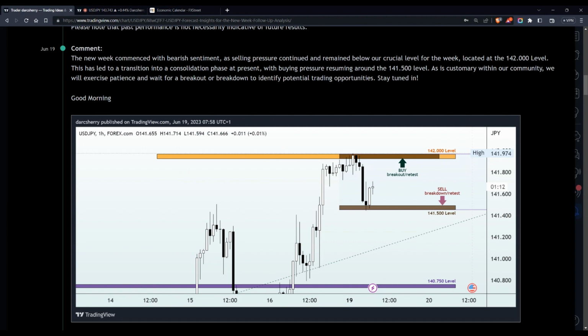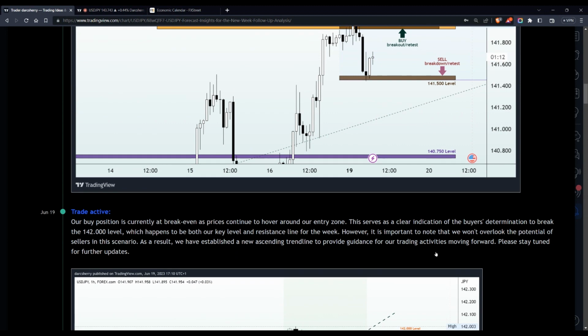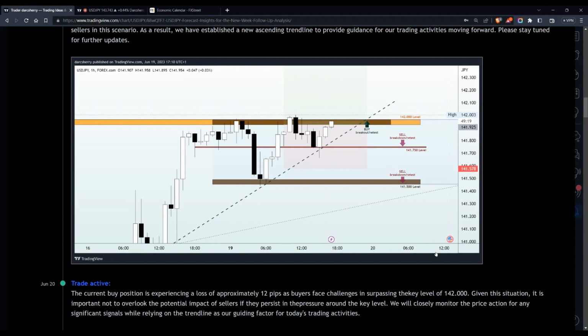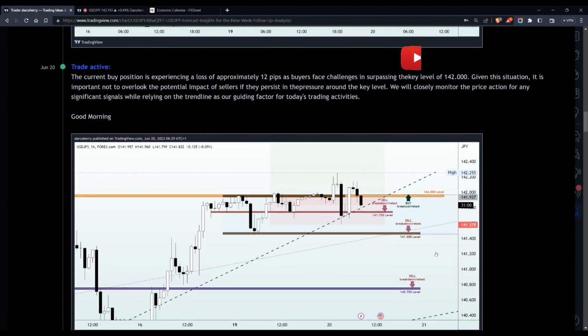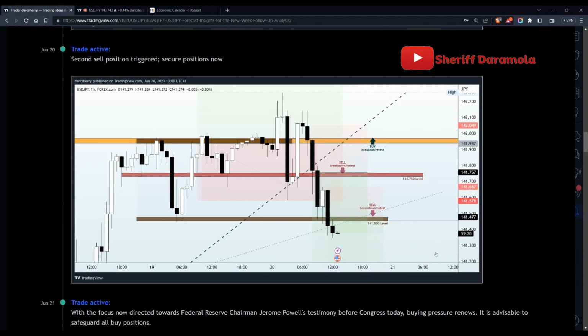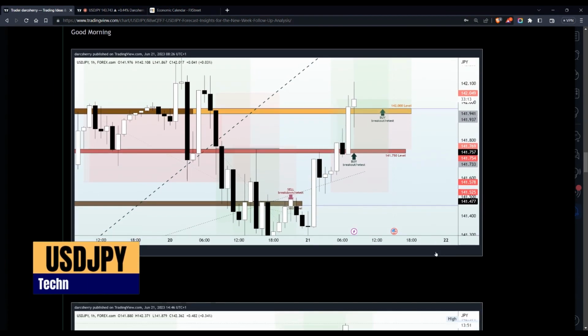Though we had a couple of stop losses, we were fortunate enough to recoup most of these losses during the second half of last week's trading session when we witnessed that impulsive bullish move to the upside.